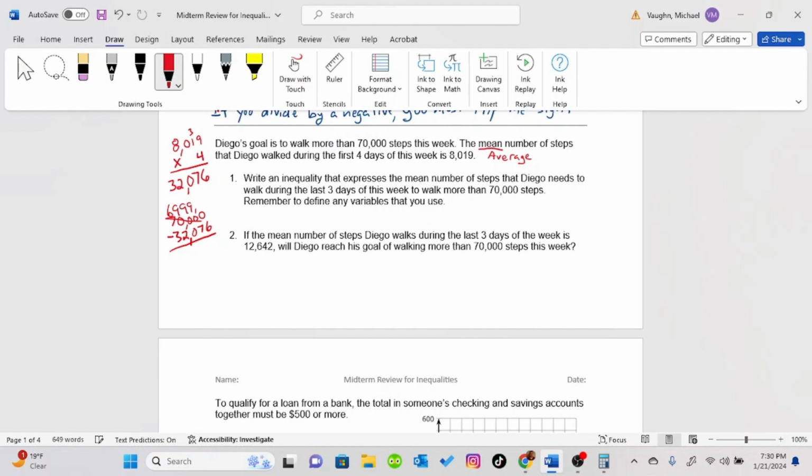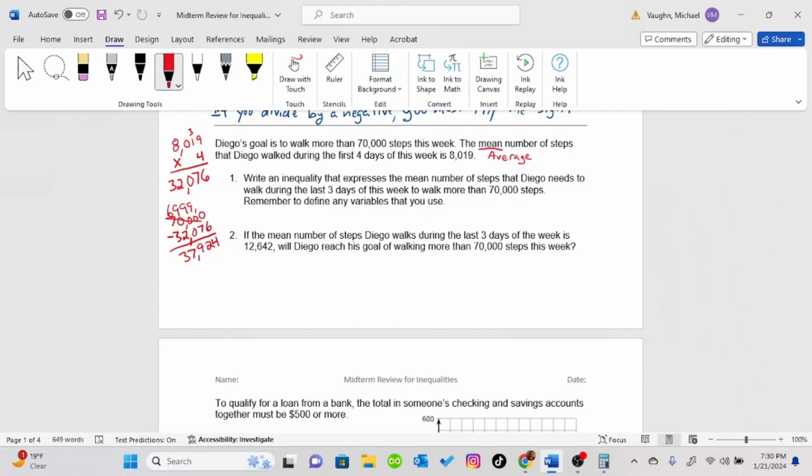Now we have 10 minus 6 is 4. 9 minus 7 is 2. 9 minus 0 is 9. 9 minus 2 is 7. And 6 minus 3 is 3. So Diego needs to walk at least 37,924 steps in the final 3 days.